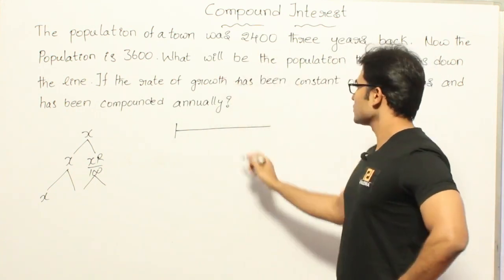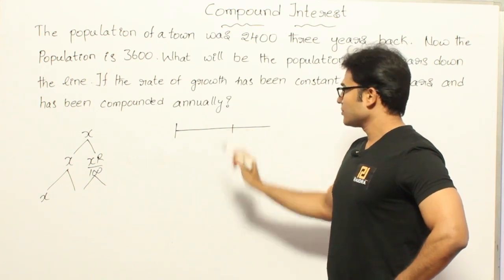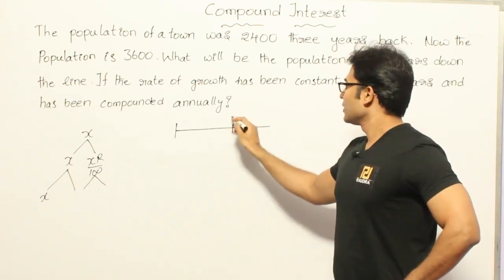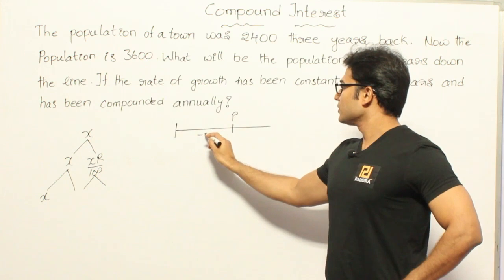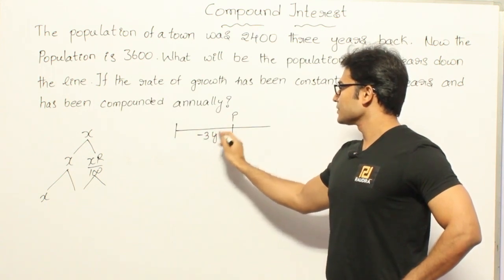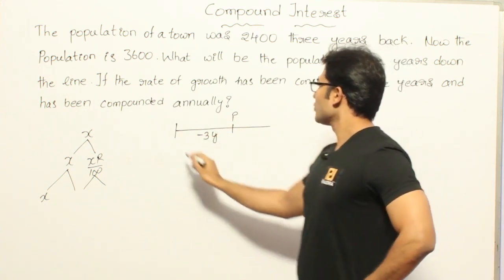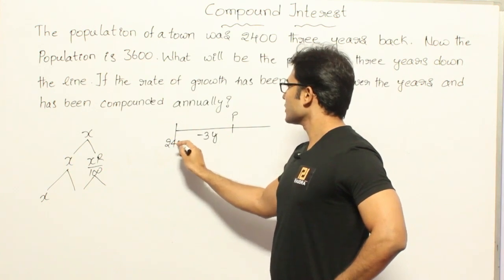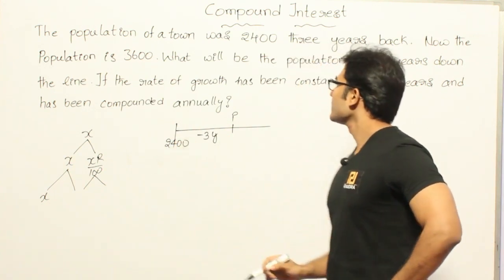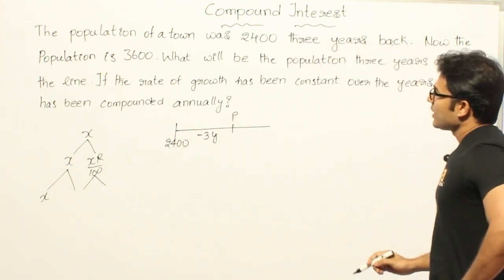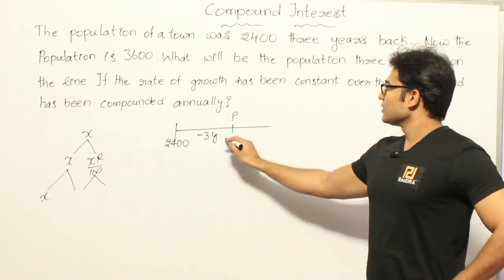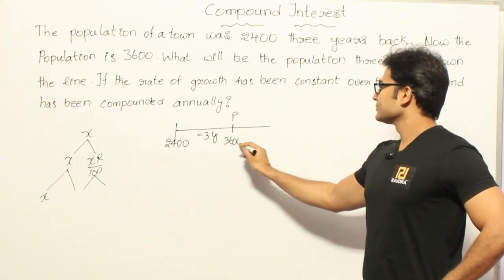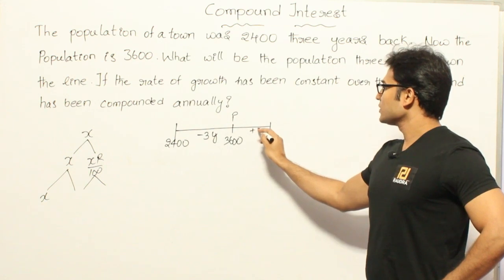Now it is given that the population of a town was 2400, 3 years back. So if you assume that this is the present, then minus 3 years, the population is 2400, and as of now the population is 3600. They are asking what the population will be after 3 years.